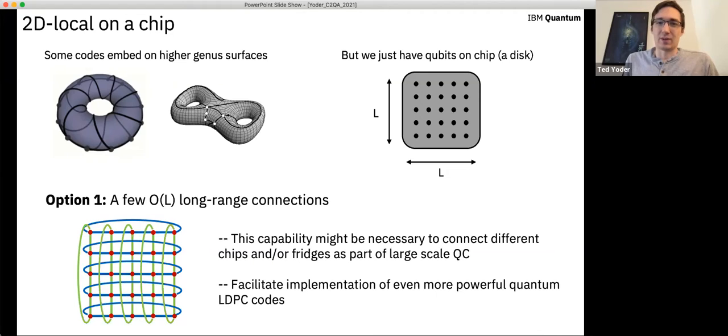So just as a stepping stone, you can implement some of these higher genus codes, but then also connect up your quantum computer eventually. And if you're able to implement these long-range connections and do so somewhat reliably, then that will be an important part of implementing even more powerful quantum codes, such as the fascinating quantum LDPC codes that have been recently proposed that are achieving very good code distances and very good code rates.